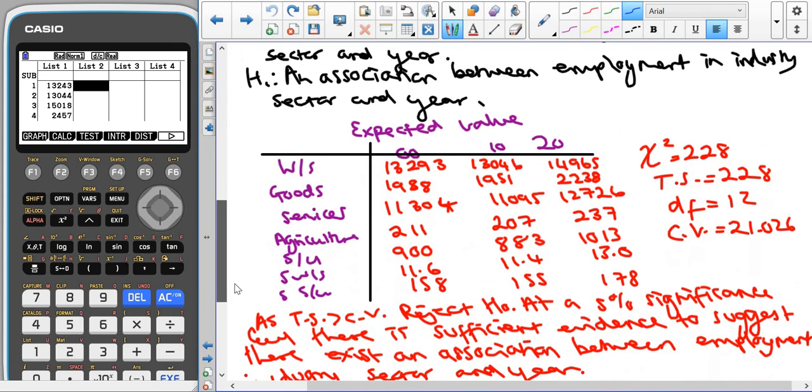Now I'm going to do the same for my expected values from down here. So 13293, 13046, 14965, 1988, 1951, 2238, 11304, 11095, 12726, 211, 207, 237, 900, 883, 1013, 11.6, 11.4, 13, 158, 155, 178.